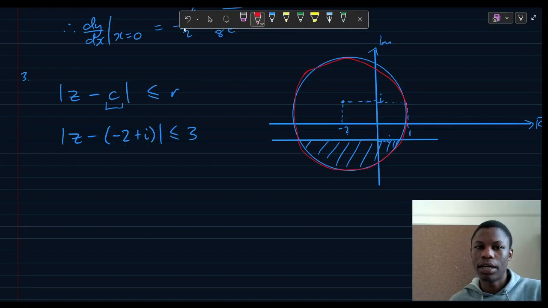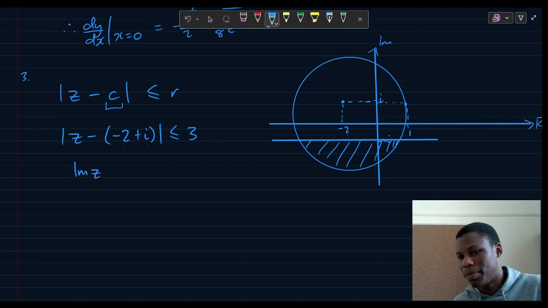Now we need to figure out how to represent this line part, because we don't want everything inside the circle. We want everything inside the circle that is below that line. So that line is a horizontal line, which is going to be a specific imaginary part.